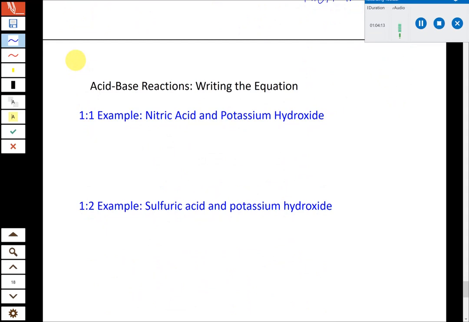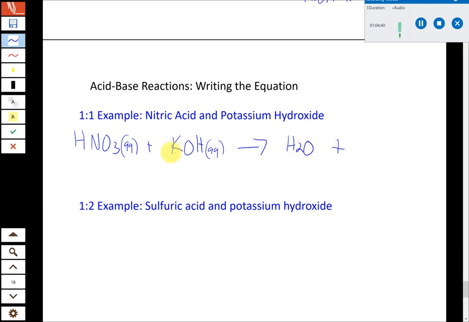So let's do, in many cases, and again, for acid-base reactions, coefficients are usually pretty small, and so 1 to 1 is pretty common. So if we have nitric acid, HNO3, and then KOH, potassium hydroxide, those are the two reactants in this one. Remember, the two products are going to be water and an ionic compound.